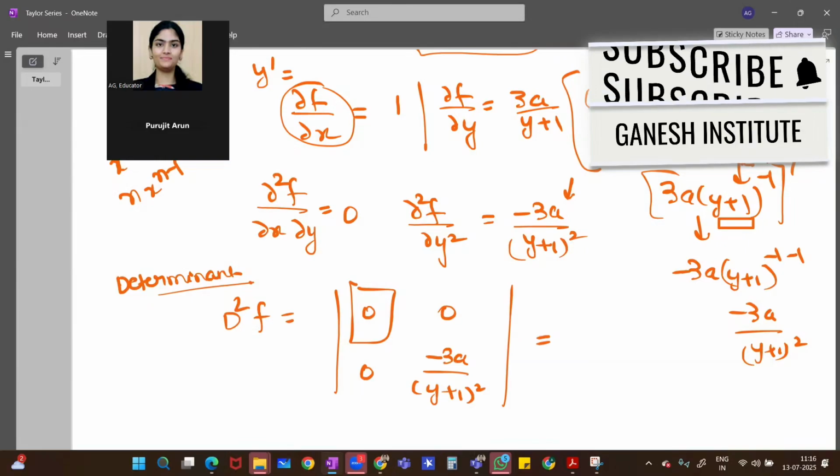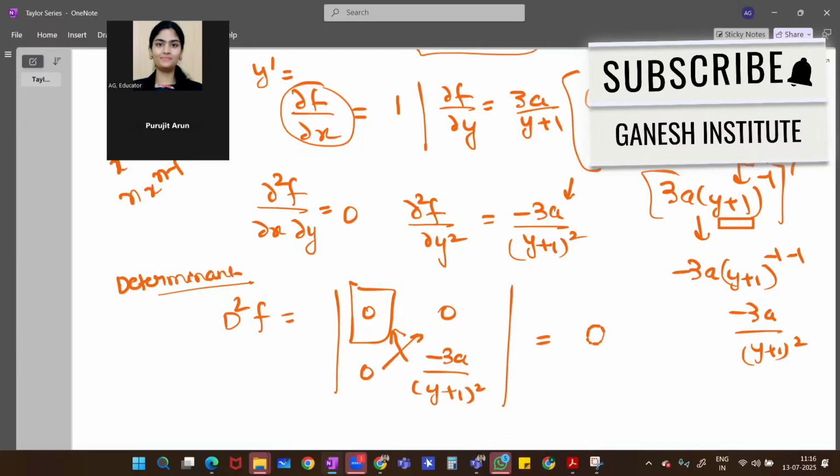So what's the determinant? The determinant of the square matrix is the product of its principal diagonal, and so it is minus that. It is zero. So zero means what condition?